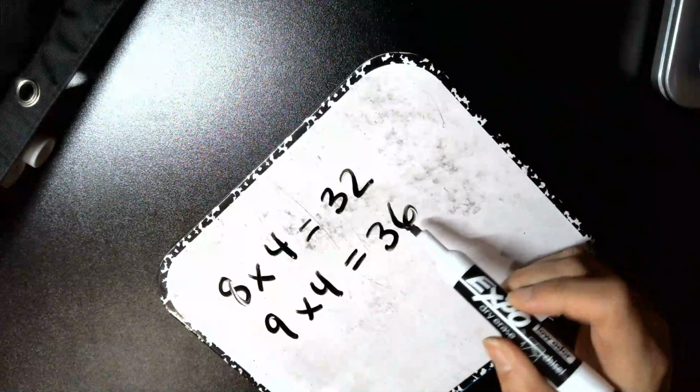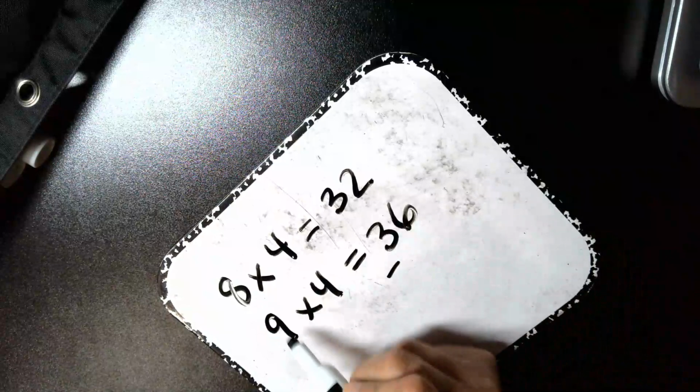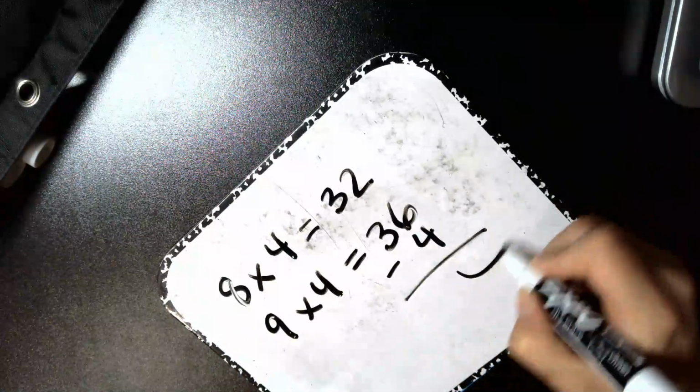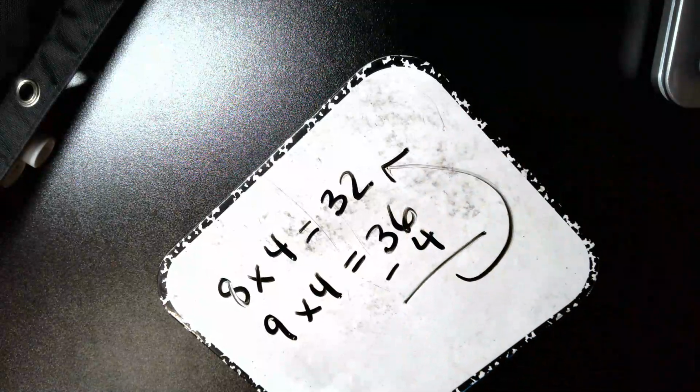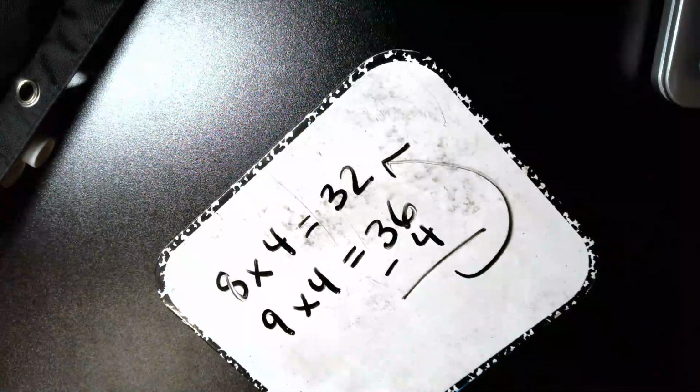So if you have 9 times 4, it's 36, and remember this is one less group of 4, so if you subtract 4 from this, then you get 32. So that's how you can do that. If you forget your times tables, this is a great little trick to use so that you don't forget them. Okay, so you can still answer the questions and get them correct.